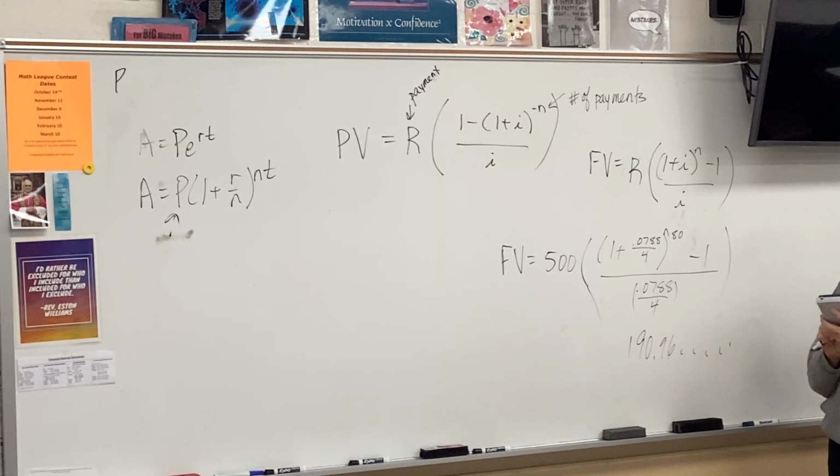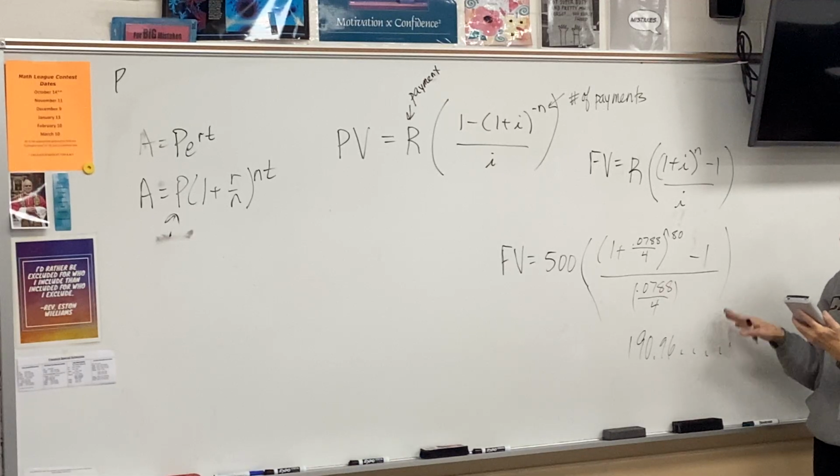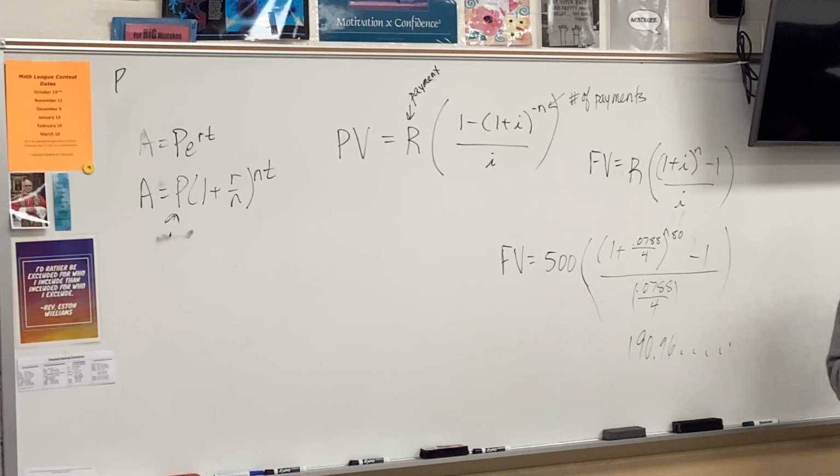Parentheses 1 plus 0.0788 divided by 4, close parentheses, raised to the 80th, minus 1. Hit equals. Now I got my numerator. So I'm going to divide that. So hit equals, divided by parentheses, 0.0788 divided by 4.